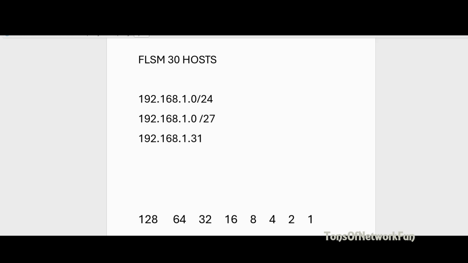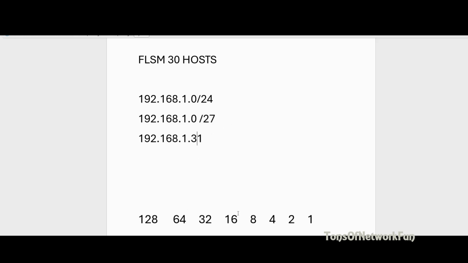So we have the network ID, broadcast ID, and the slash value, all from this. We haven't used any calculator or worked out any math. There are formulas to find all this, but I'm just showing you the shortcut way.